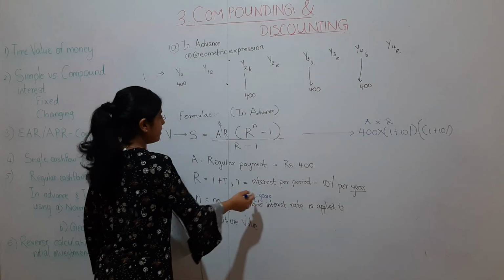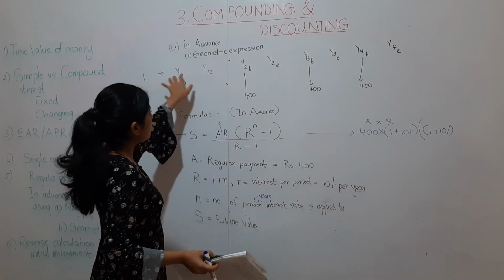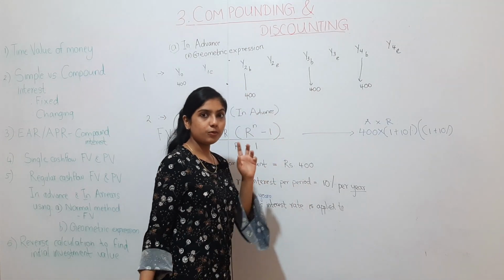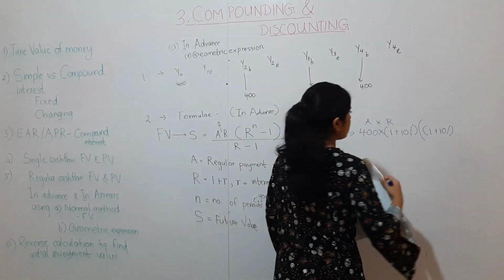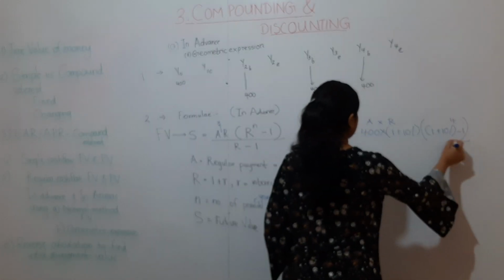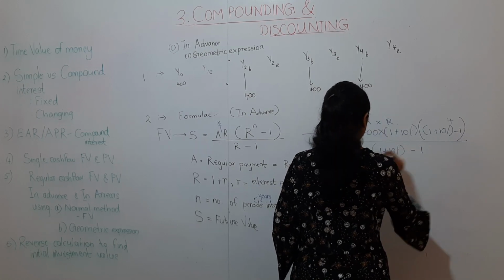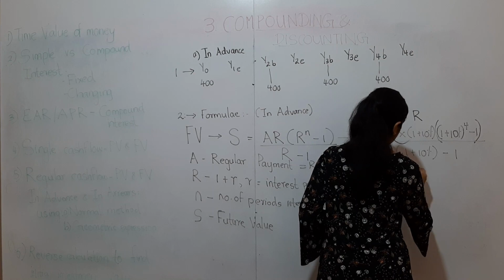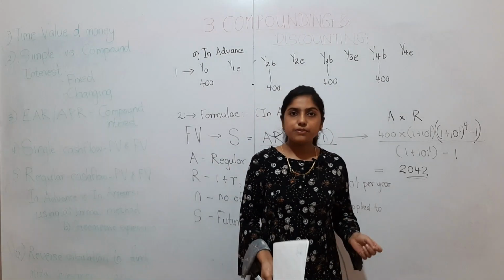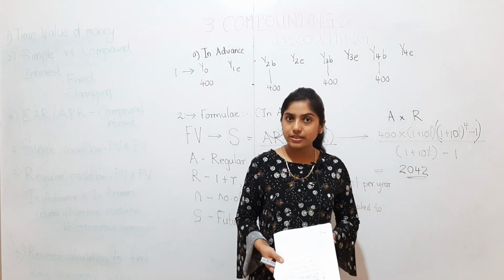For this scenario, it is in years. How many years? It's starting year 0, going to second year, third year and fourth year. So that means there are 4 years. So put 4, minus 1, divided by 1 plus 10% minus 1. So your answer for the future value of this particular question using geometric expression is 2042.